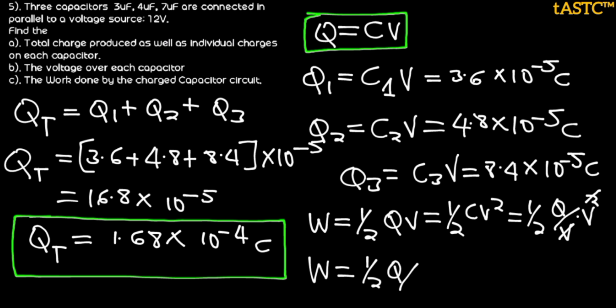So basically what I want to do is change V, so I'm going to replace V with C. So V is equal to Q divided by C. Here we have a V squared, and here we have a V, so I think I'm just going to plug that here.